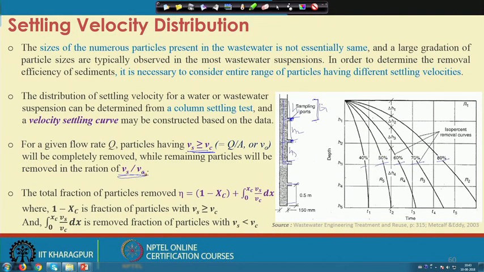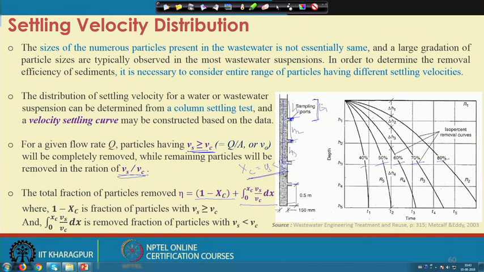So, the total fraction of the particle which is removed will be equal to 1 minus xc plus the integration from 0 to xc of Vs over Vc dx. What does this eventually represent? Say xc is the fraction of particles having settling velocity lower than critical settling velocity.